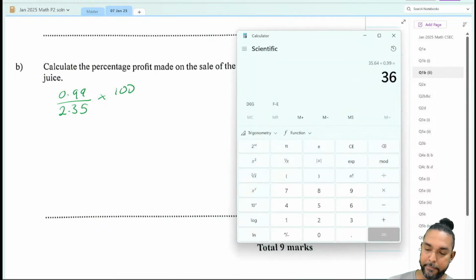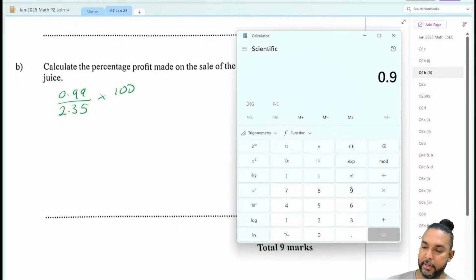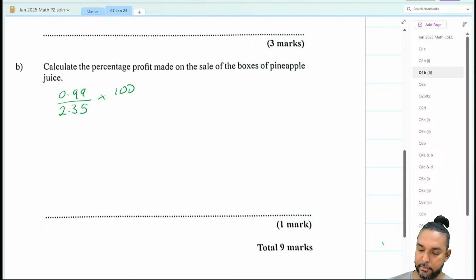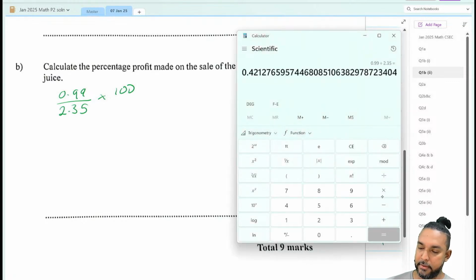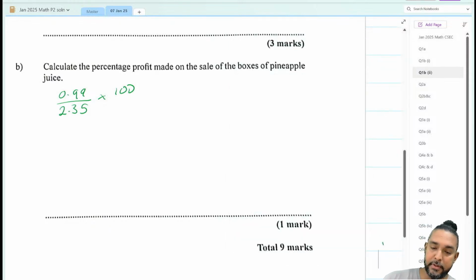So 0.99 divided by 2.35, multiply by 100, gives 42.13%, so approximately 42%. Let's do 42.1.